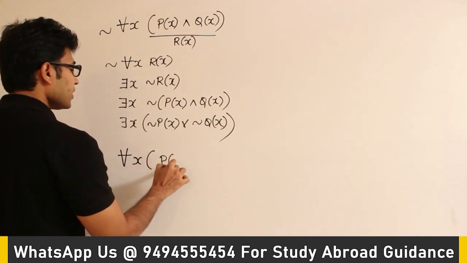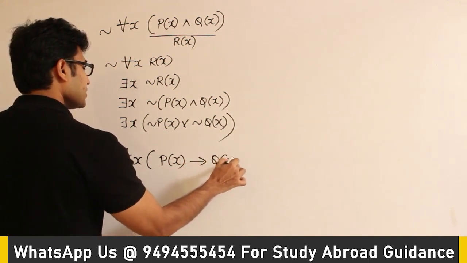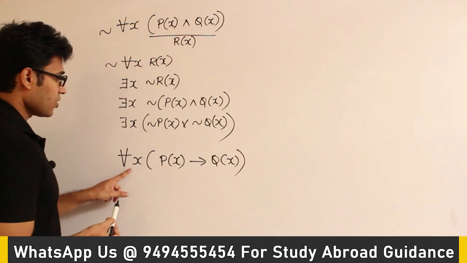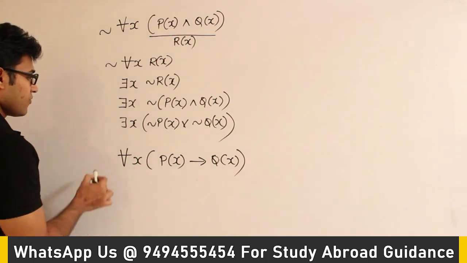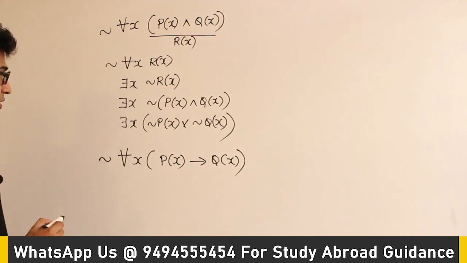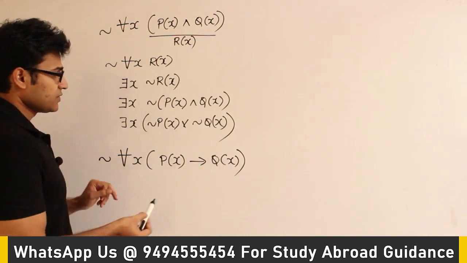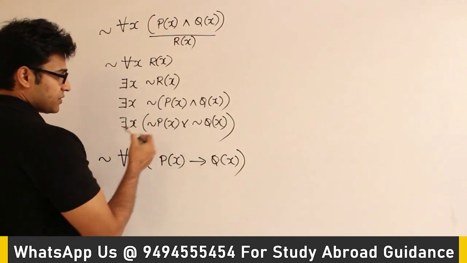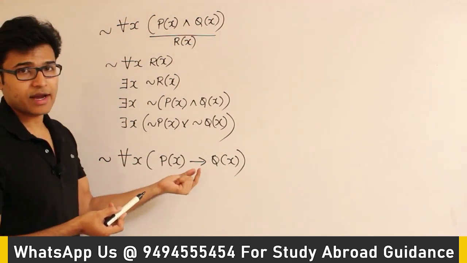let us say p of x implies q of x is given. For all x, p of x implies q of x is given. Now I want to apply a negation to this. What happens? This is what I want. So again, in order to do this, instead of dealing with this implication, you just convert it into the other connectives like and, or.